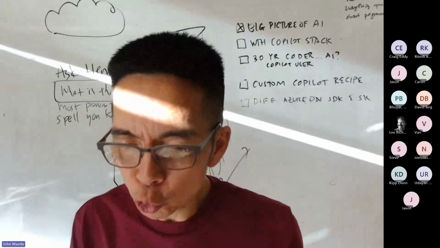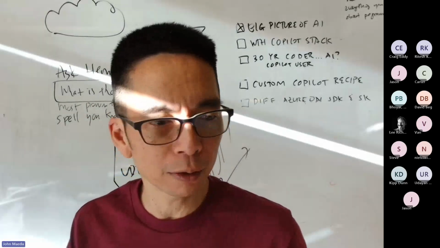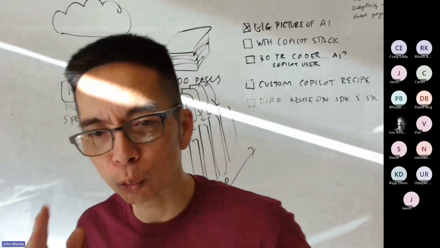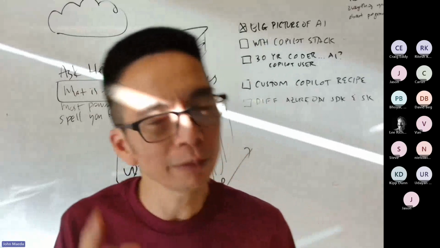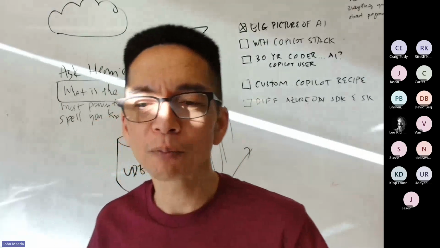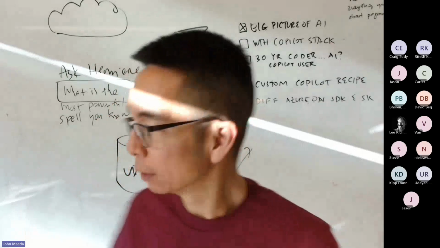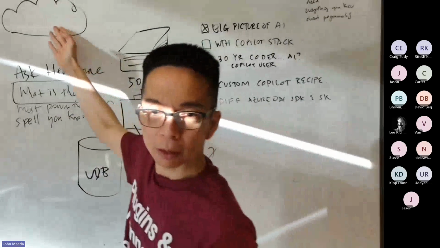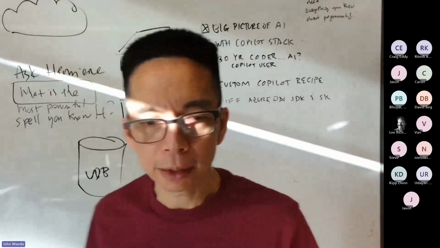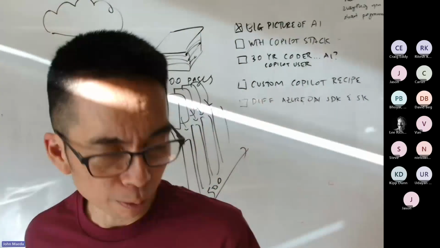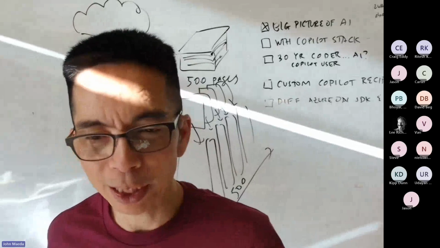Context is truly king, queen, or any kind of non-gendered royalty ruling kind of thing. And they haven't figured that one out yet, have they? And so this idea of context comes from the similarity engine, the embedding engine, and the other piece comes from the generation engine.